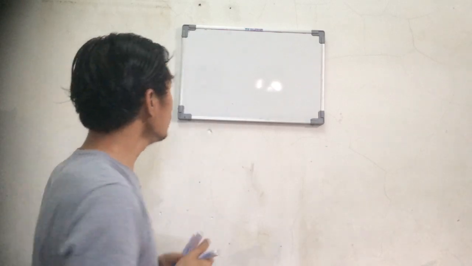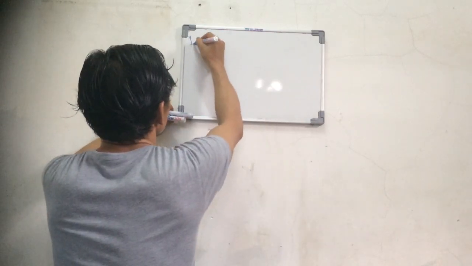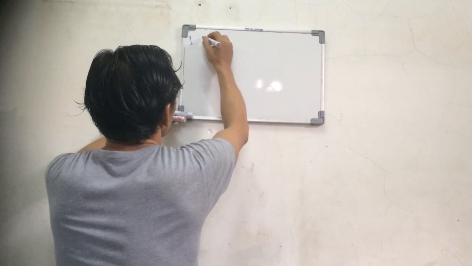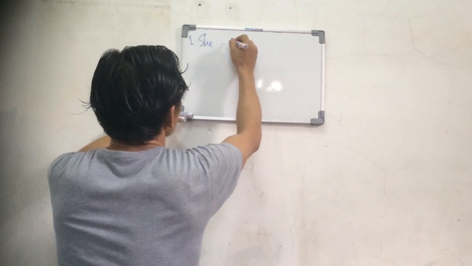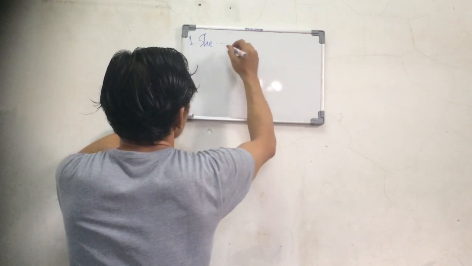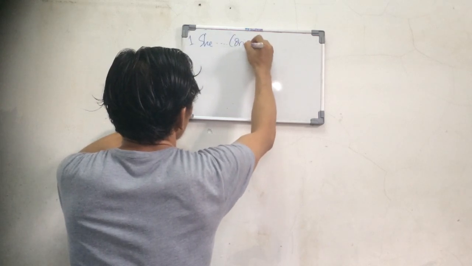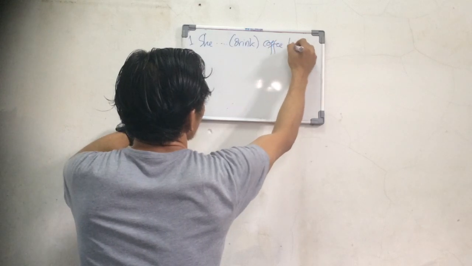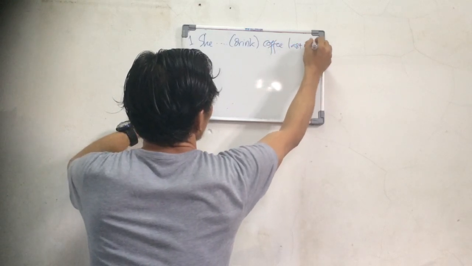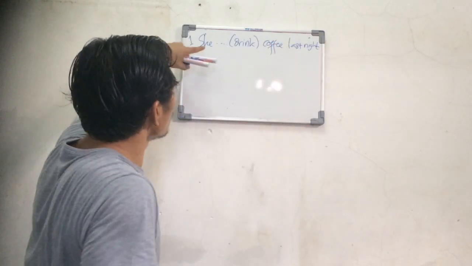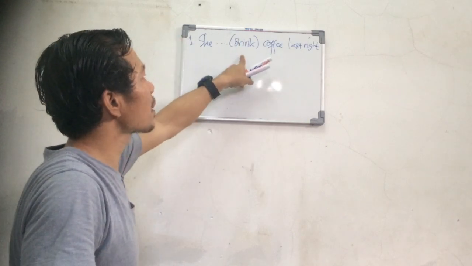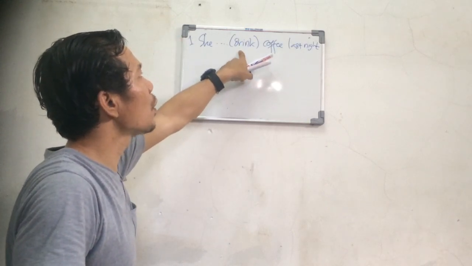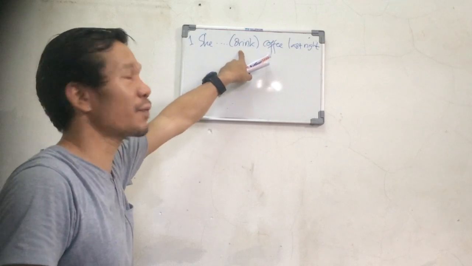So number 1: she blank coffee last night. The verb in bracket is verb 1, drink. So you have to change this into verb 2.